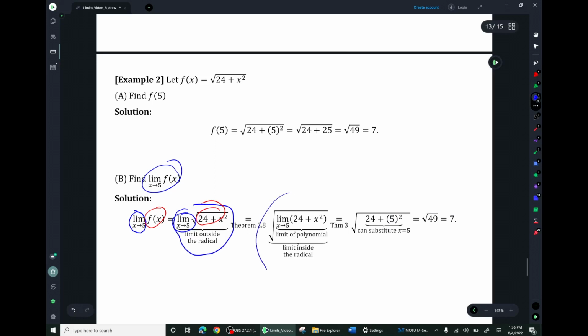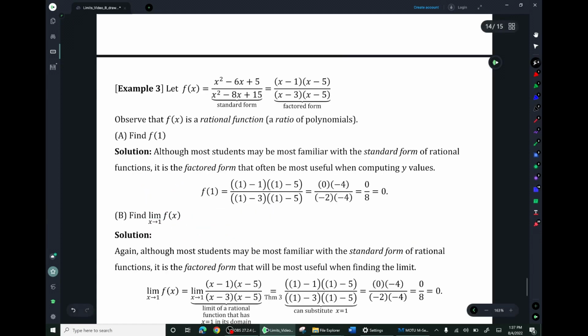And in this next expression, there is also a limit symbol. That's because Theorem 2.8 is about moving that limit from outside the radical to being inside the radical. Only in this step does the limit symbol go away. So you have to be careful of where you put the limit symbol and where you don't put the limit symbol.